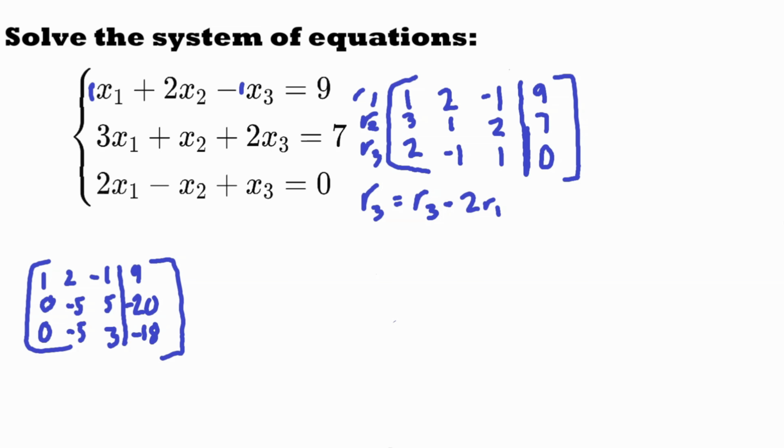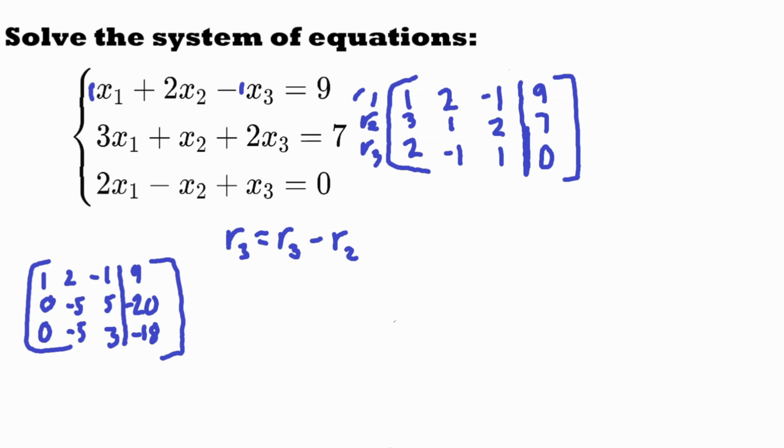So we need to get rid of the negative 5 in row 3. So how do we do that? Well, we can change row 3 by subtracting row 2, right? Since both of these values are negative 5, if we subtract them from one another, then they will cancel out, right?